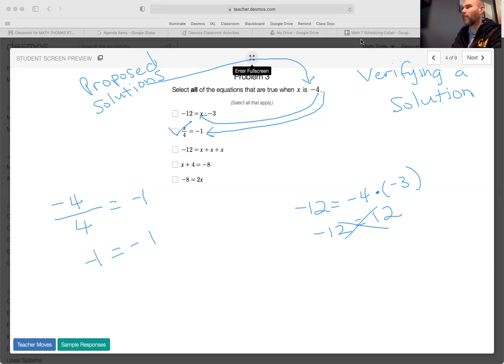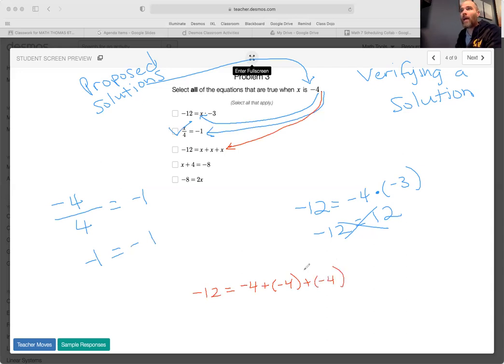And let me pick another color because I got a lot of writing on the screen now. So the next one we'll do in red. The equation is -12 equals x plus x plus x. So instead I'm going to write -4 plus -4 plus -4.